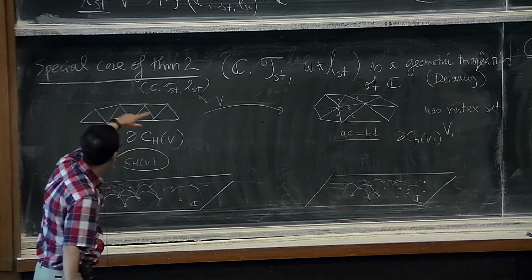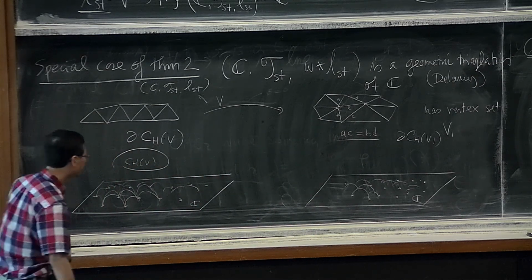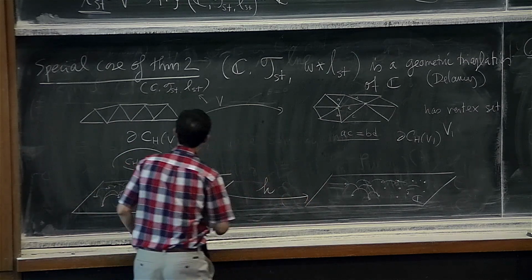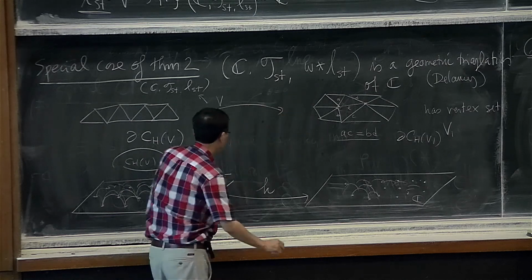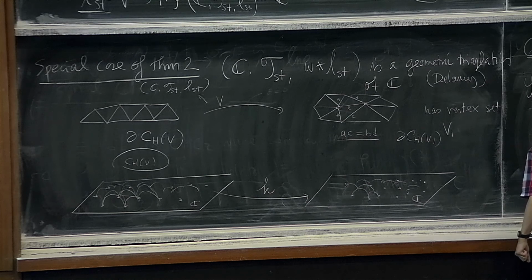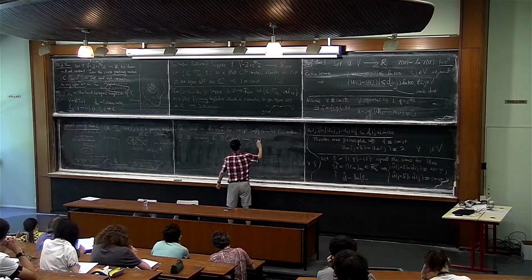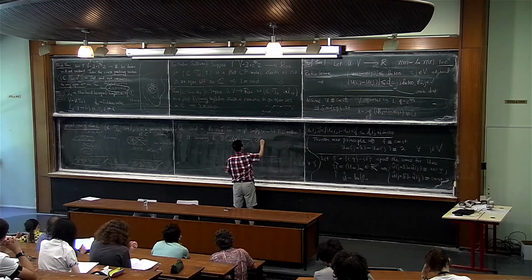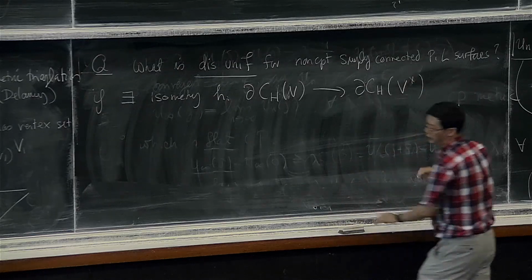So what does this theorem say in this case? Well, it says if there is an isometry, so suppose this condition, discrete conformal. So if there exists an isometry H from the boundary of the convex hull of the standard hexagonal lattice to the boundary of the convex hull of the other one.